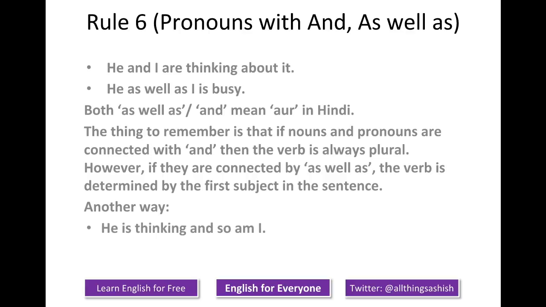Instead of saying he as well as I is thinking, you can say he is thinking and so am I. Instead of saying he as well as I is busy, you can say he is busy and so am I.